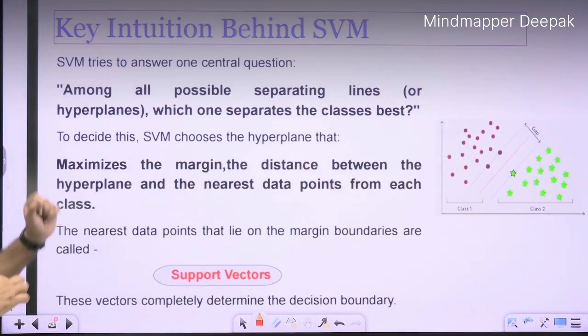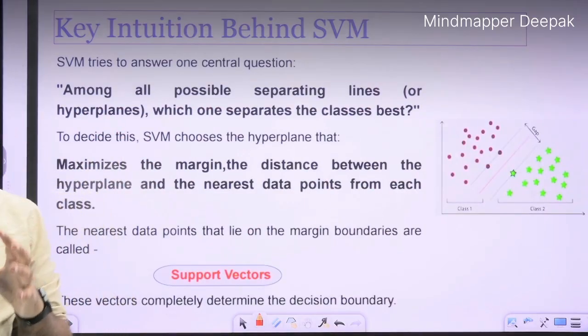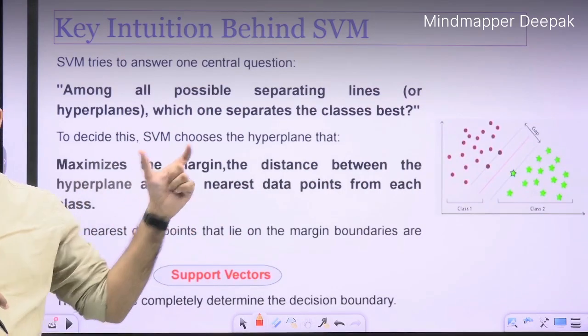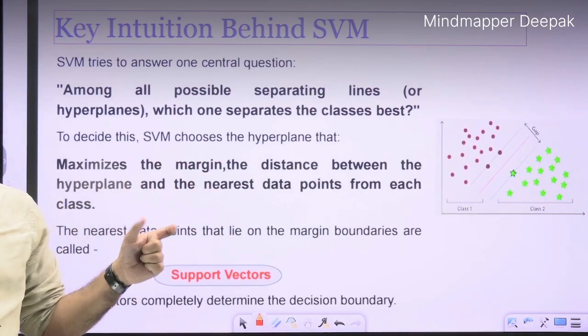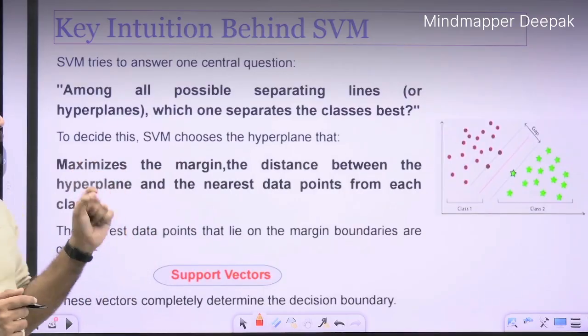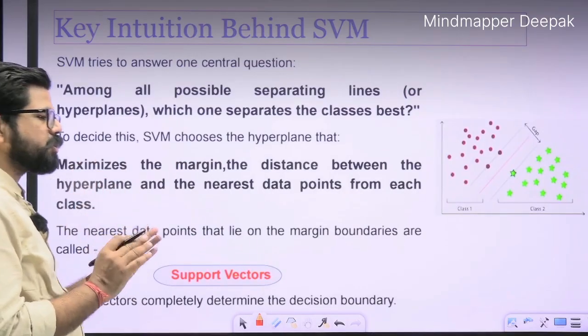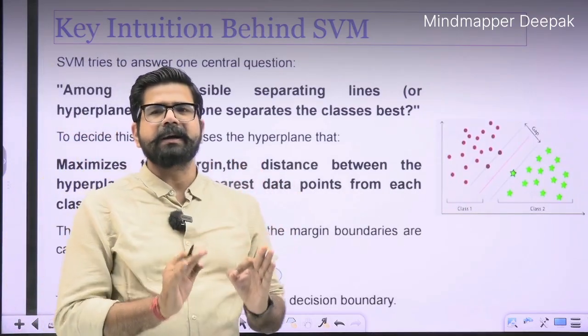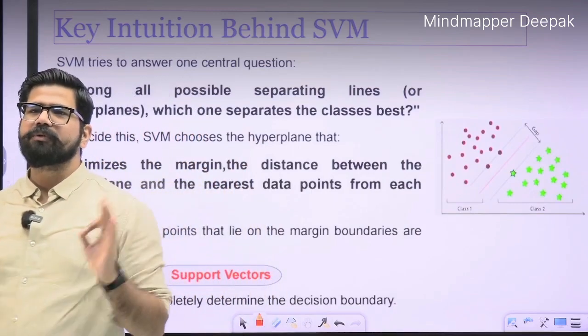Proceeding further, what is the key intuition behind SVM? Among all the possible separating lines or hyperplanes, the hyperplane which separates your classes in the best manner is the one chosen by the support vector machine.